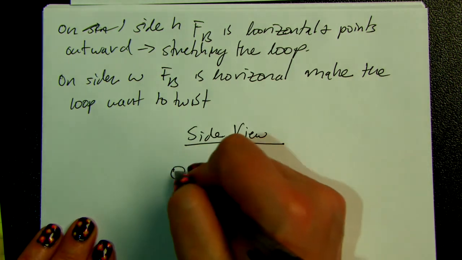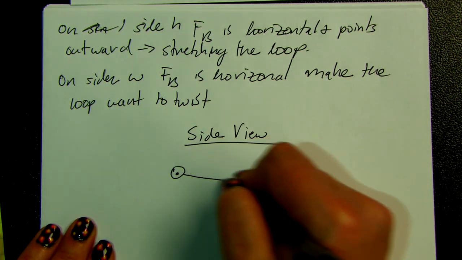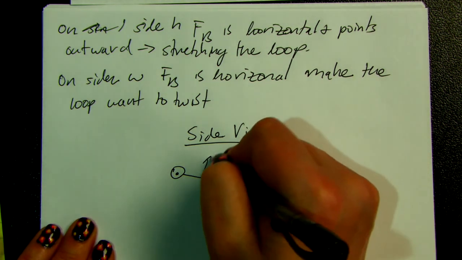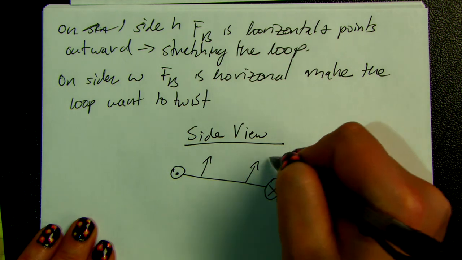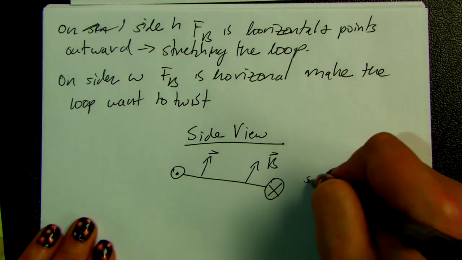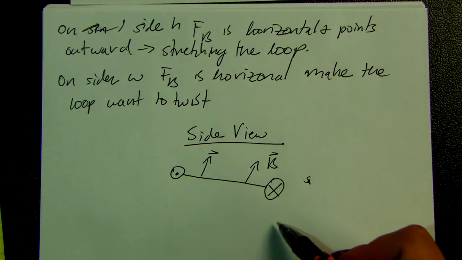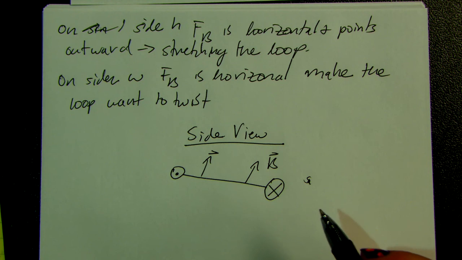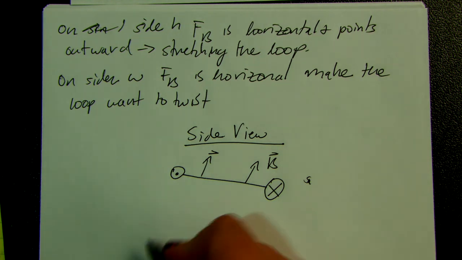So we've got the experience of the magnetic field. So in this case, the magnetic force will twist the loop counterclockwise. So we can look at this.